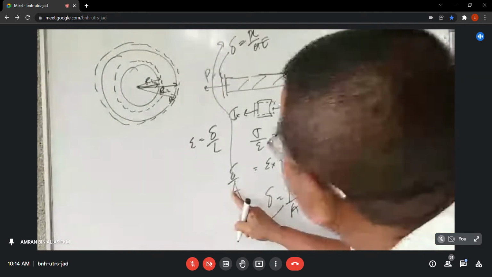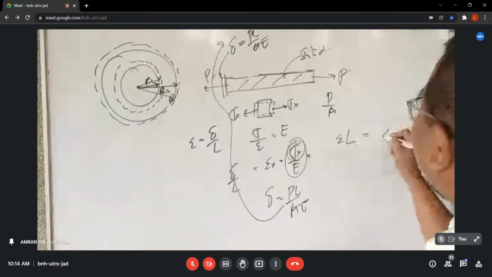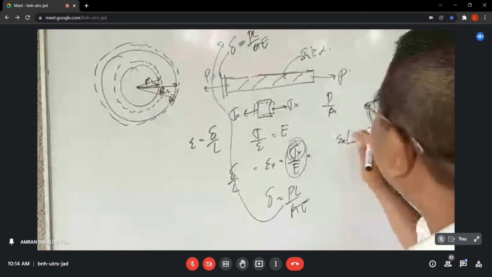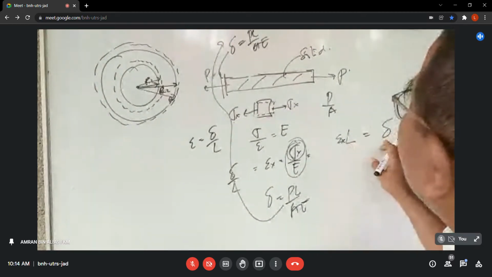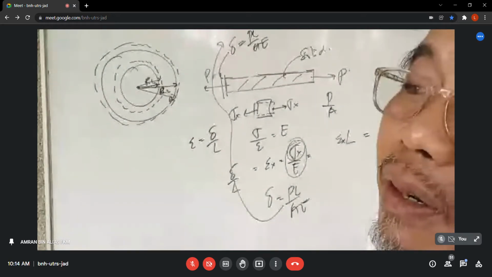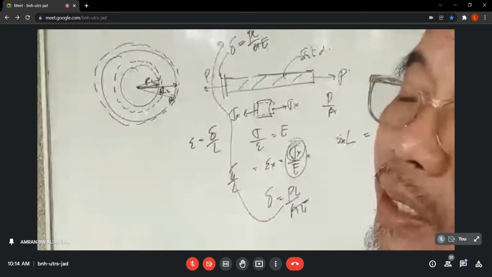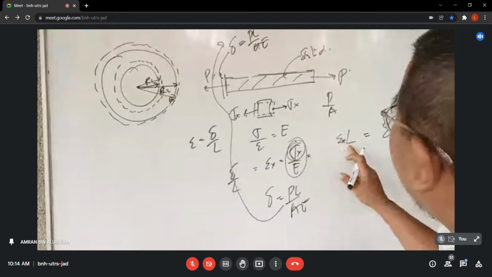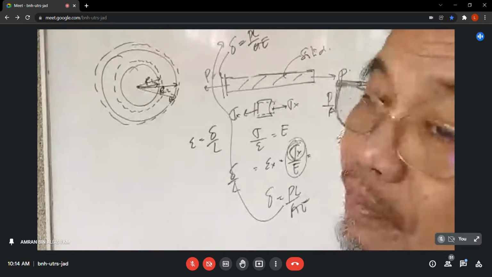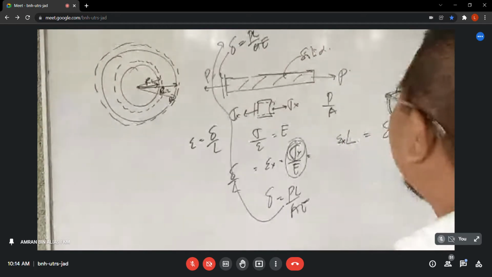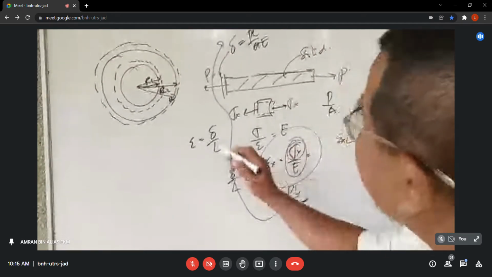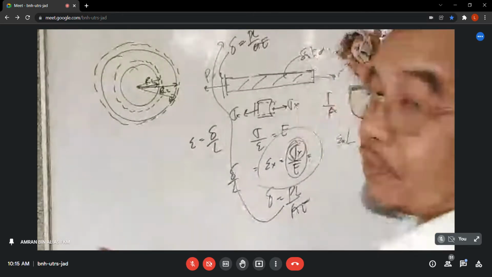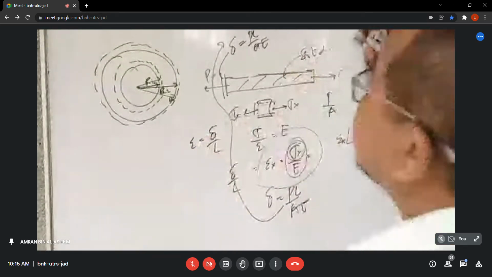Strain times the original length, we got the elongation, right? Are you with me? We go by this process first. That is only in X.